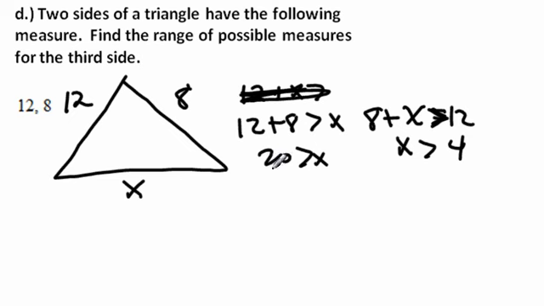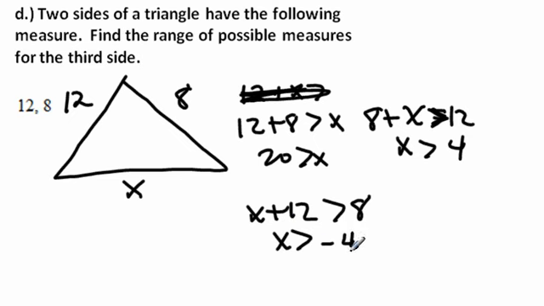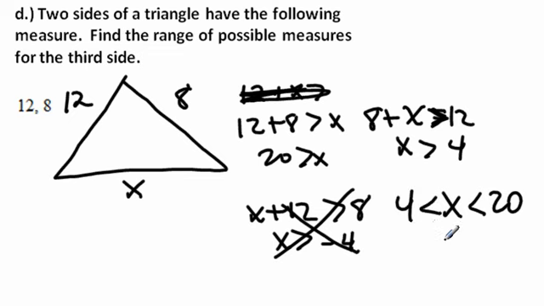And then the last one would be x plus 12 is greater than 8. And when you do the math here, we get x is greater than negative 4. But can this ever be a negative measurement? So we kind of disregard this. And we know that x is going to be less than 20 and greater than 4.